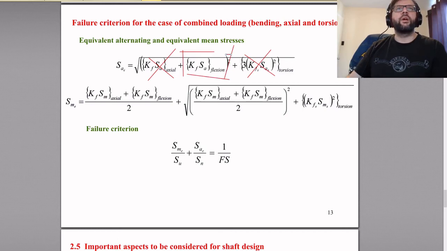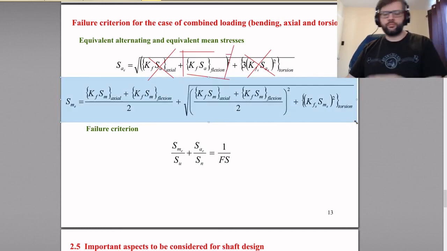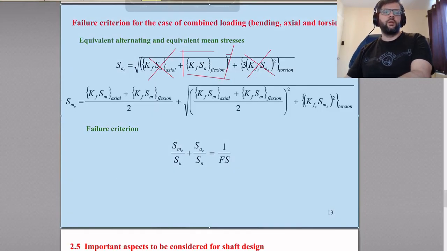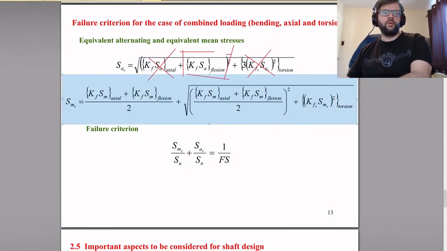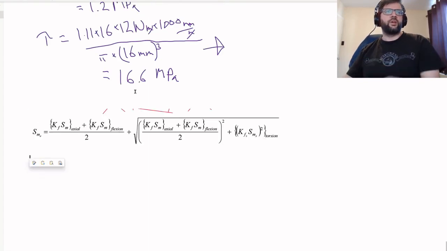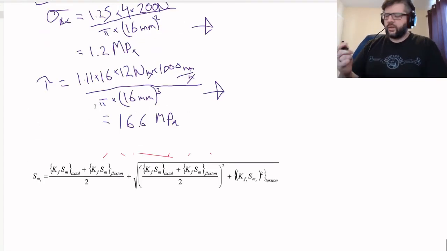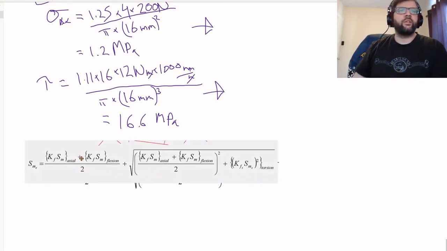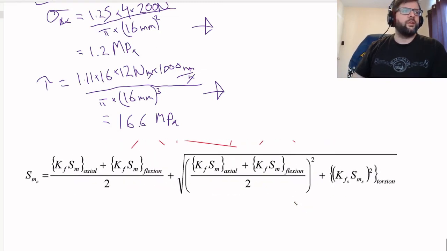This one, however, the mean has a few non-zero terms, so we need to plug those terms into there. I already included the stress concentration factors in the calculation.